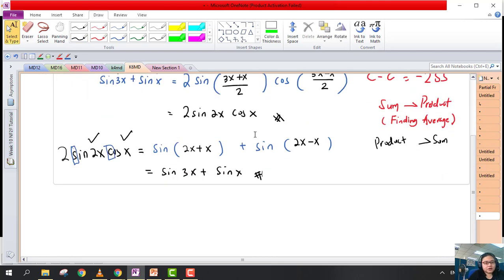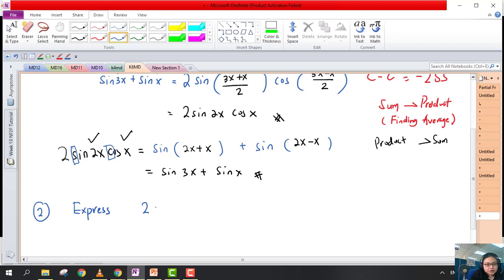Let's say if I'm using cos. Okay, for example, the second example, express 2 sine 3x sine x as summation form. So look at it, 2SS.